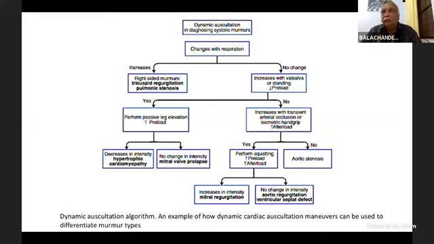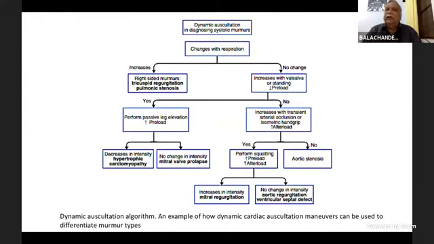If there is no change with respiration, see whether it increases with Valsalva or standing, that is, decreasing preload. You perform a passive leg elevation, that is, increase the preload, and see if it increases. If there is no increase, look for an increase with transient arterial occlusion or isometric hand grip, etc.